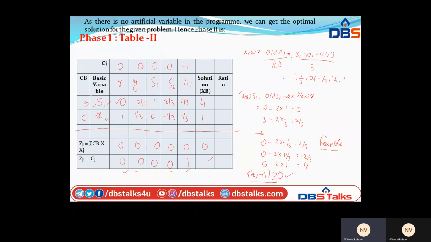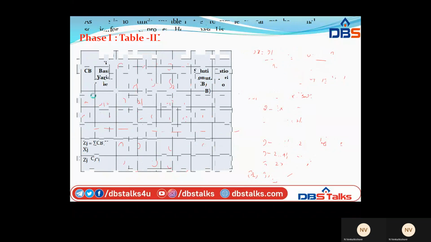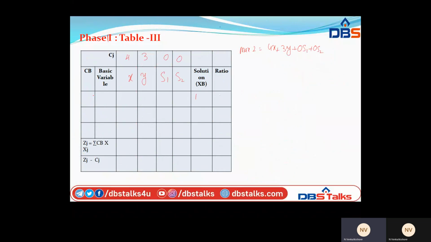As it is, this column is to be presented in the next table. So write these values. These are already found in table 3.